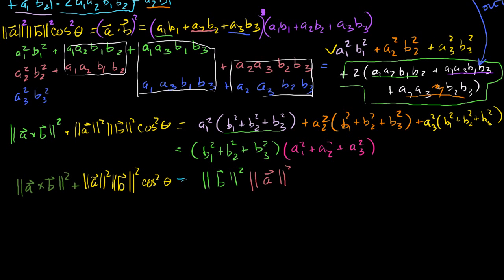Now what if we subtract this from both sides? What do we get? We get the length of a cross b squared is equal to this minus this. And we can factor, so let me write that.